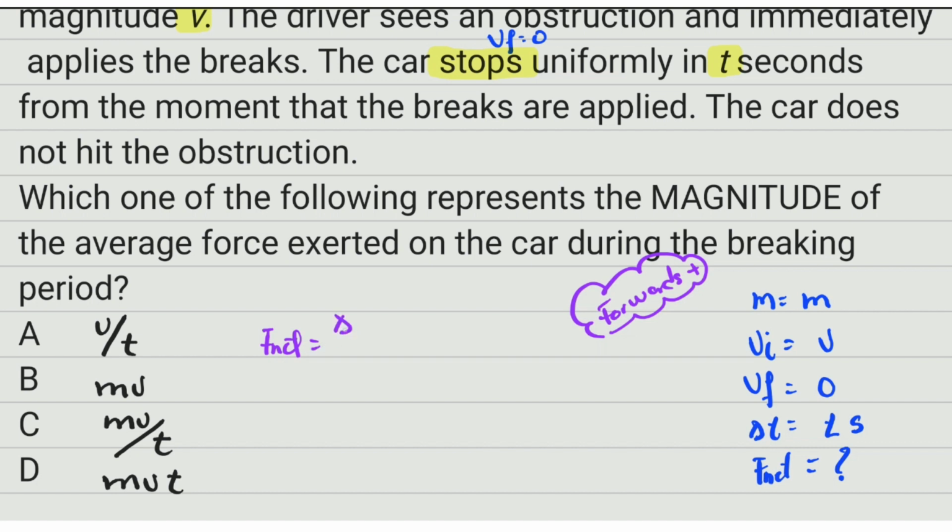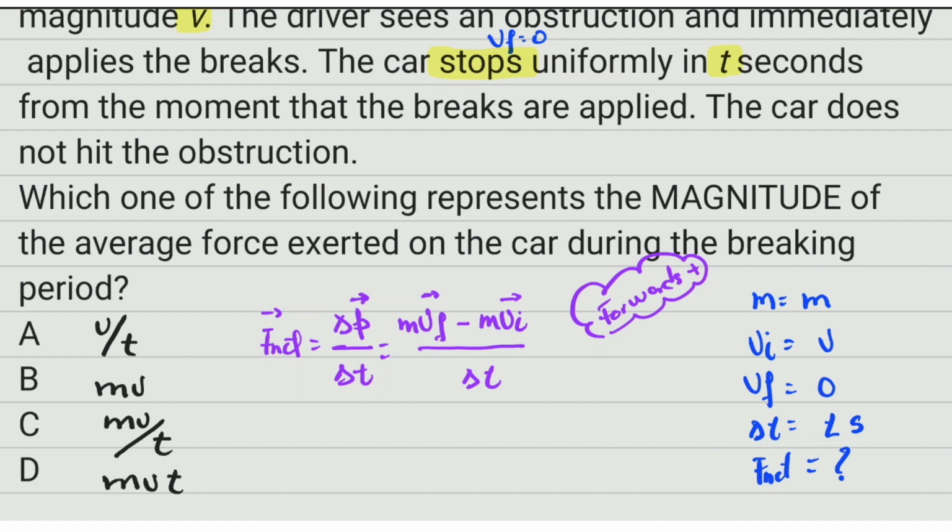Okay, if we go to Newton's second law in terms of momentum, F net is equal to change in momentum divided by change in time. Let's substitute: mass times final velocity minus mass times initial velocity, divided by time. Let's keep the vector symbols, even though it is not compulsory here in South Africa, but maybe in other places it is.